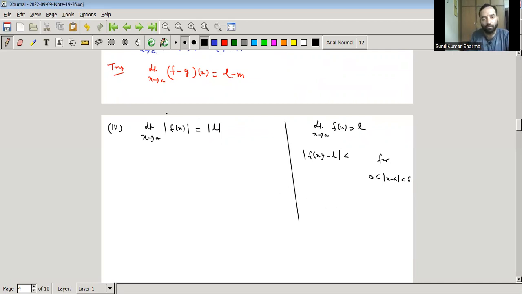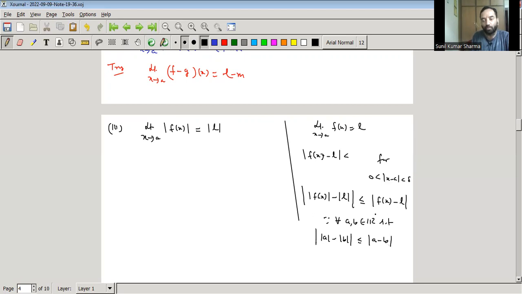So we have to find out what we take mod f(x) minus L to be so that we get the result. So now, हमें क्या estimate करना पड़ेगा? We have to estimate mod of mod f(x) minus mod L. हमें इसको estimate करना, and we know that this is less than or equal to mod f(x) minus L, because given any a comma b belongs to R, mod of mod a minus mod b is less than or equal to mod a minus b.